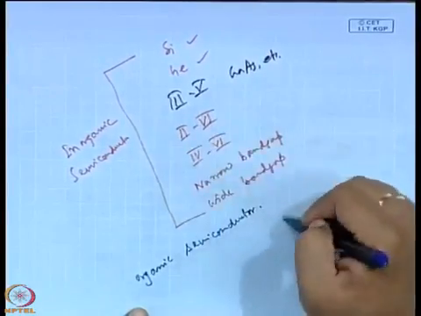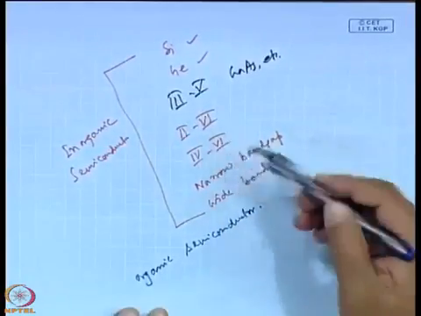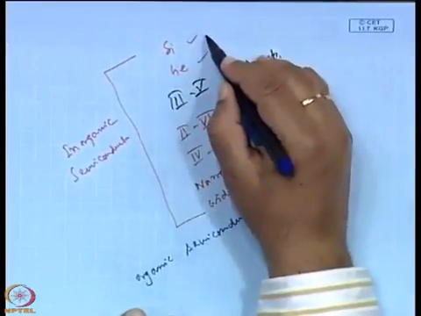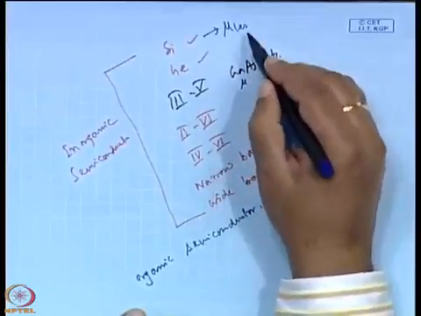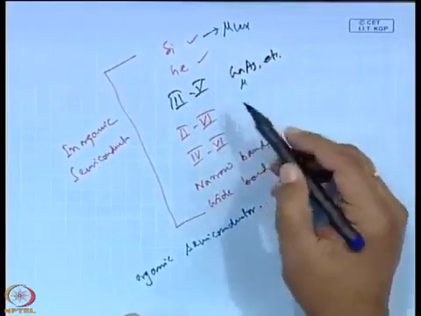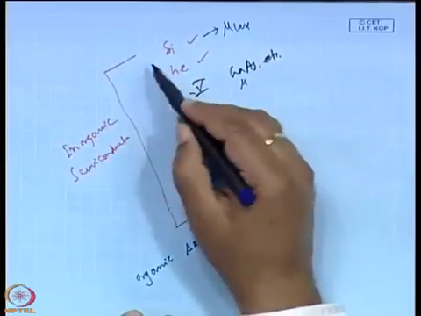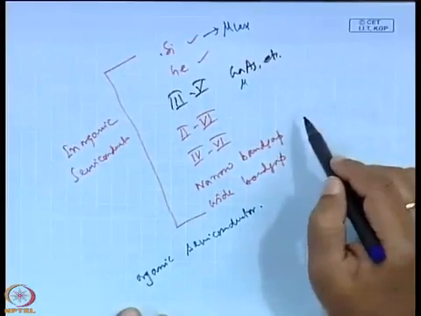All such materials will be discussed in due course, and each category has its own advantage and its own disadvantage. Like silicon, the mobility is less compared to that of gallium arsenide, and the band gap is less compared to the band gap of gallium arsenide. Also it is indirect, while gallium arsenide is direct, so it is used for optoelectronic application.